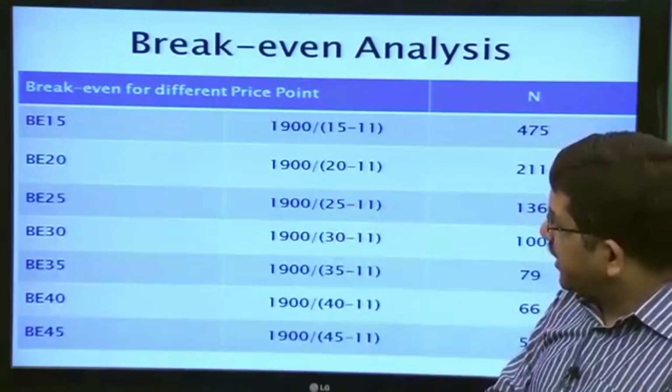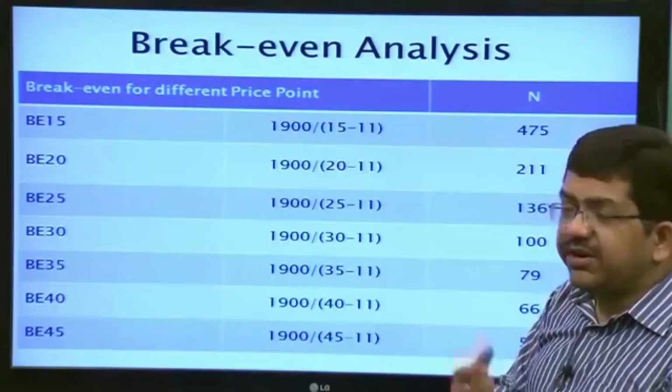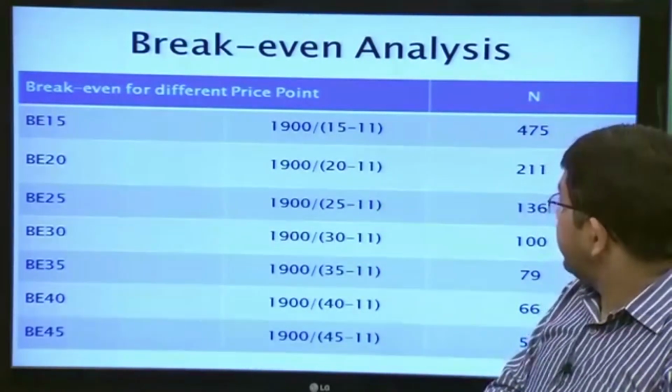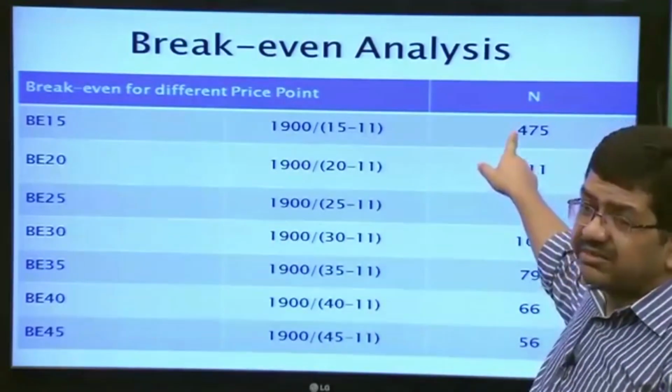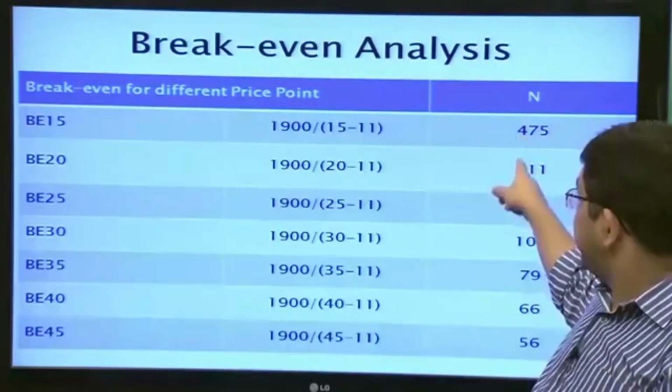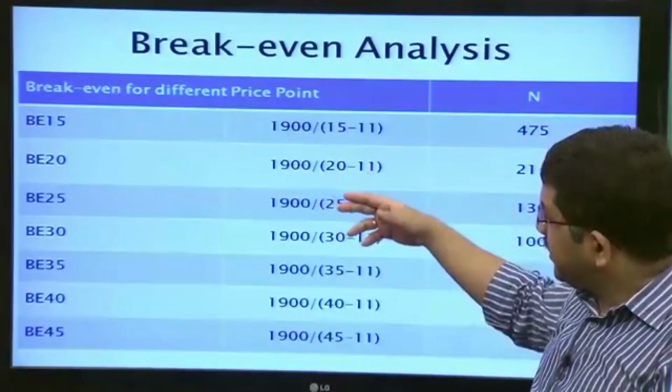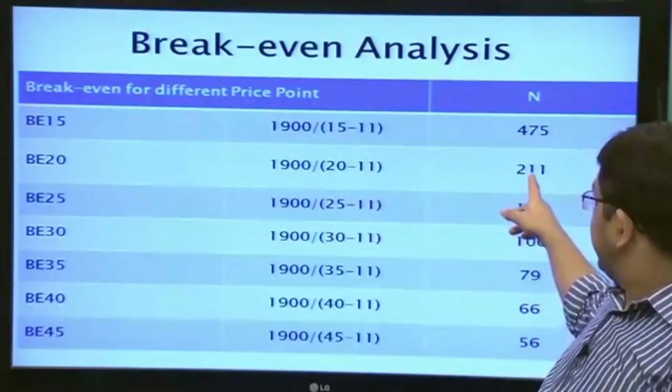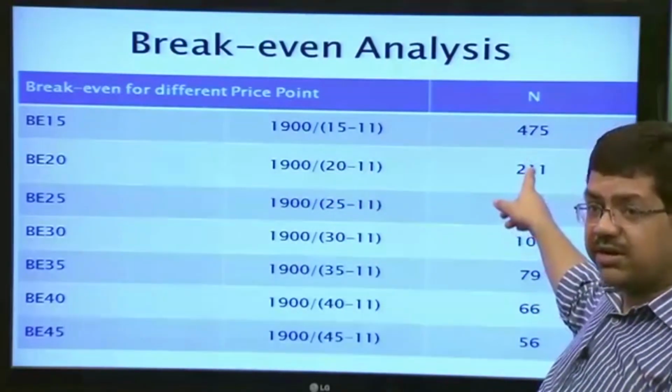Supposedly, if I price this product at $15 per unit, I need to have 475 units to break even. In the case of $20, I will need basically 211 units.